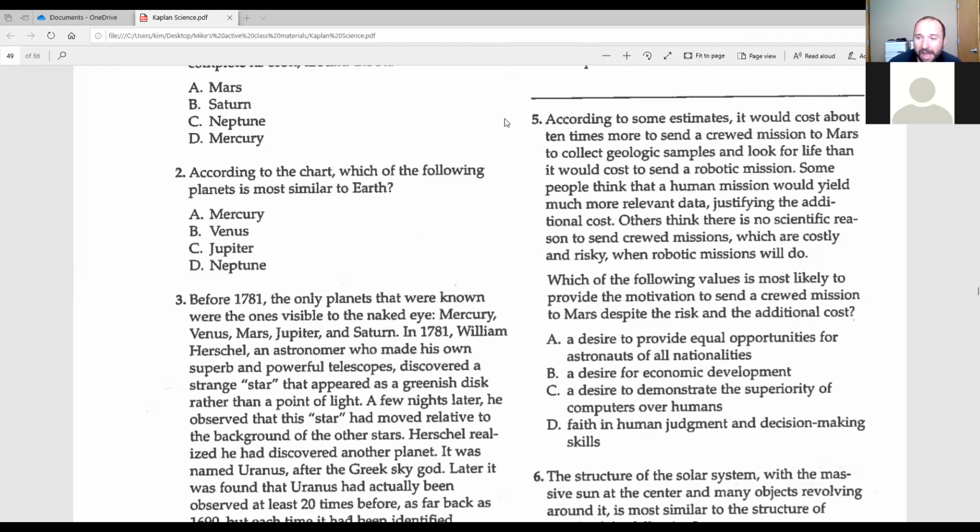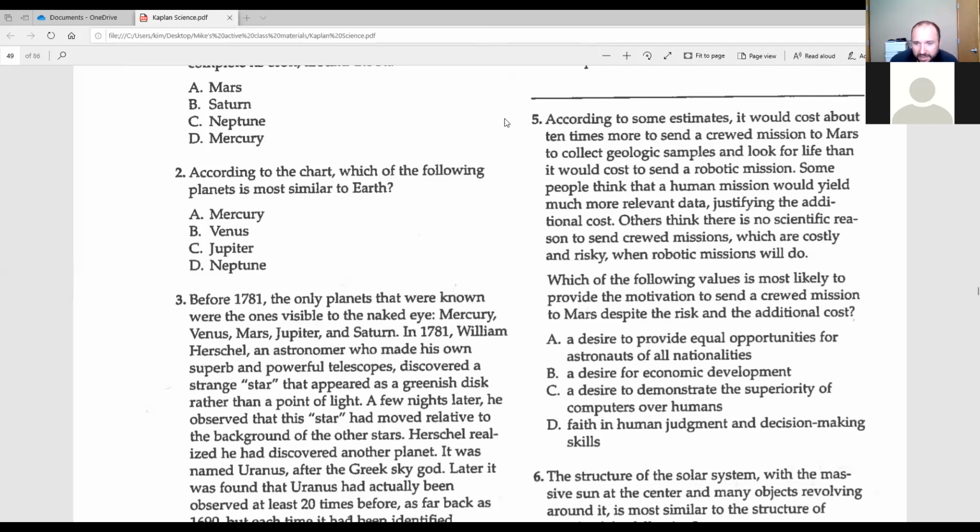Which of the following values is most likely to provide the motivation to send a crewed mission to Mars despite the risk and additional cost? And so basically, it's the type of question you'd see on the reading test. So the content happens to be A, a desire to provide equal opportunities for astronauts of all nationalities.